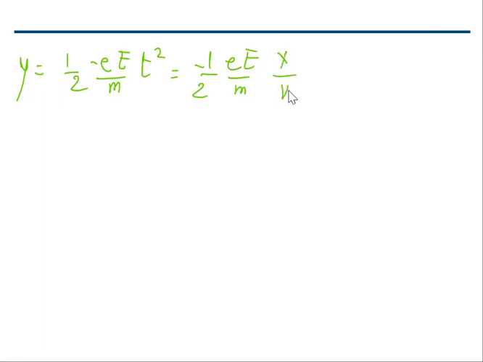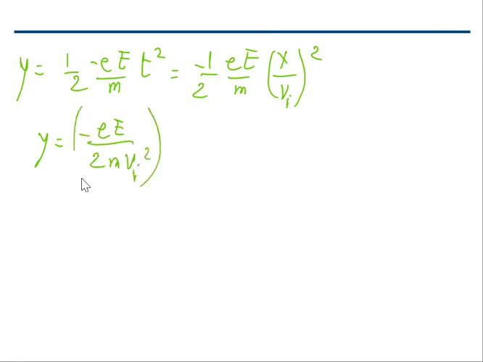So we can write this equation as y equals half of minus e E over m multiplied by t squared, which will be minus 1 over 2, e E over m multiplied by x over v initial, squared. And we can write y final equals minus e E over 2 m v initial squared multiplied by x squared.